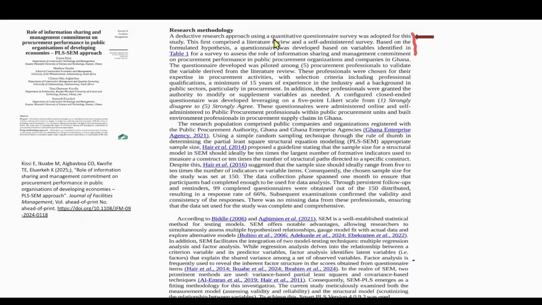And they are using a quantitative questionnaire survey for this study, which first comprises a literature review and a self-administered survey. So in the very first two lines, how precisely and concisely it is clearly indicated what the researcher is doing. Now, what should the researcher mention next?